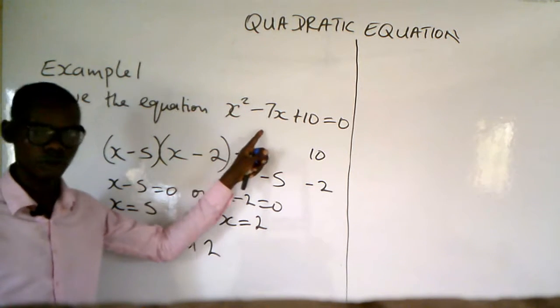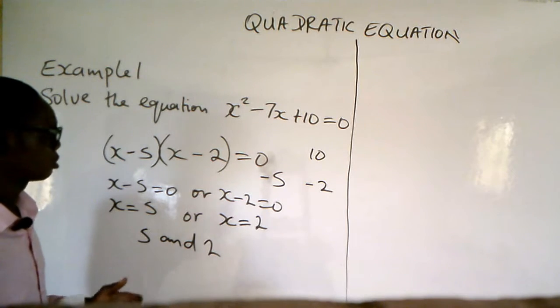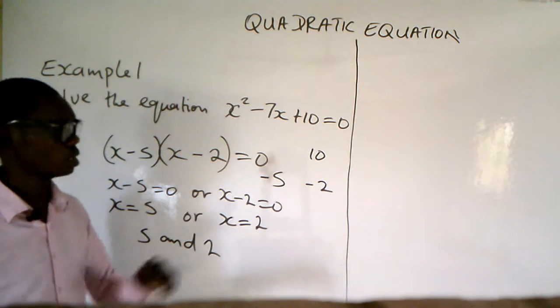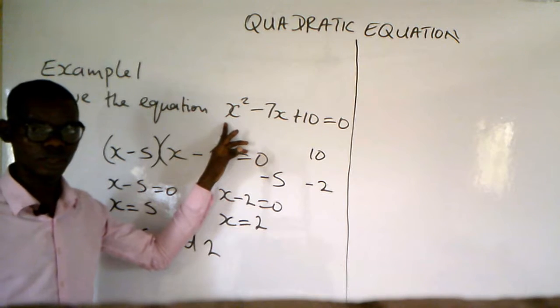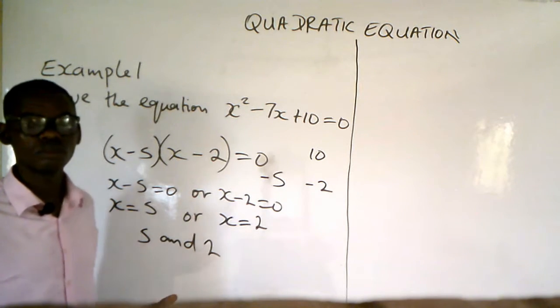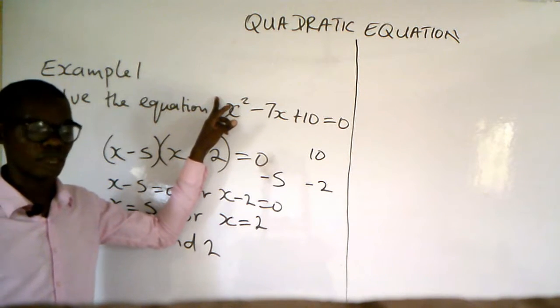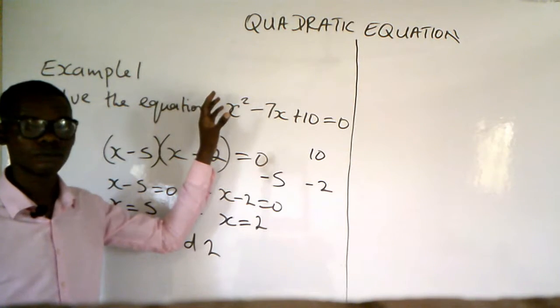Now, this one was very simple because, like I said before, the coefficient of x squared here is a unity. There are quadratic equations you will encounter where the coefficient of x squared will not be a unity.